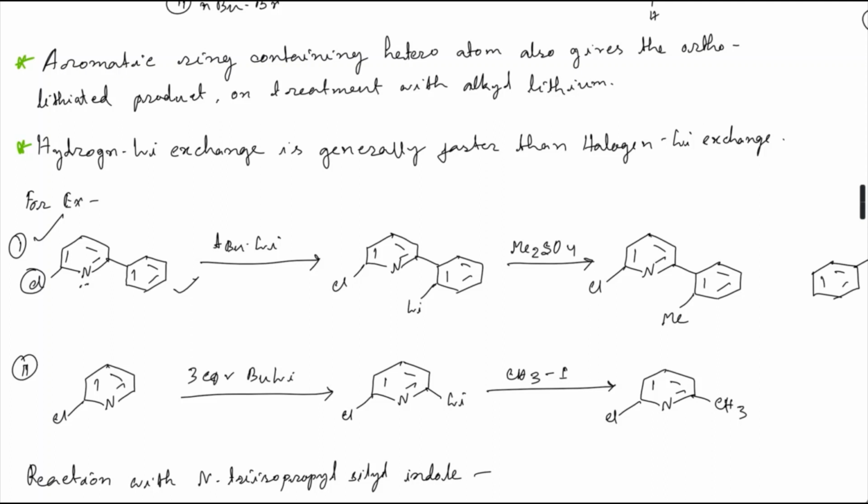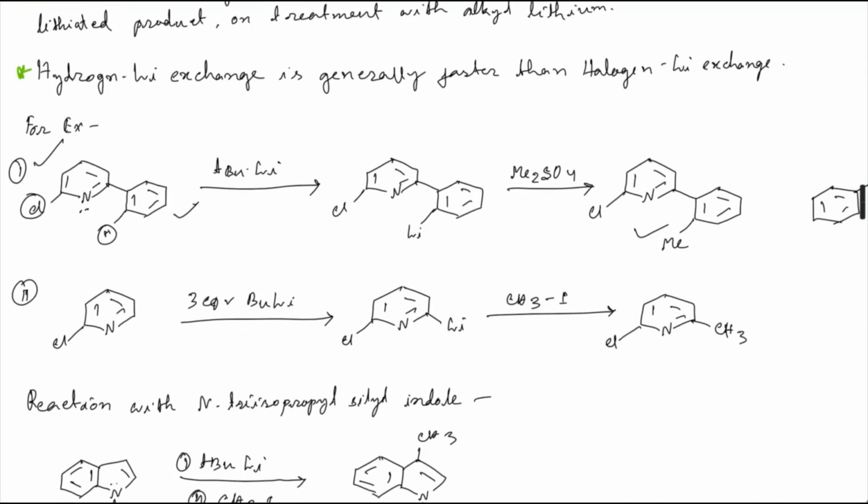But here the chlorine is not substituted with the lithium, because the hydrogen lithium exchange is much faster than the halogen lithium exchange, so the corresponding product will be formed. If we take the substituted pyridine, then also between the chlorine and hydrogen, the hydrogen gets substituted with lithium, but the chlorine remains intact and the corresponding product is formed.